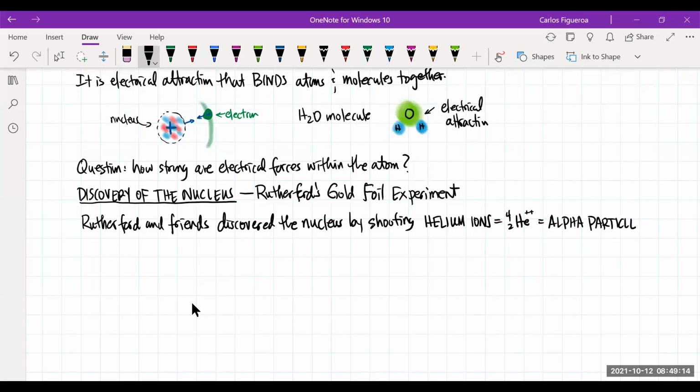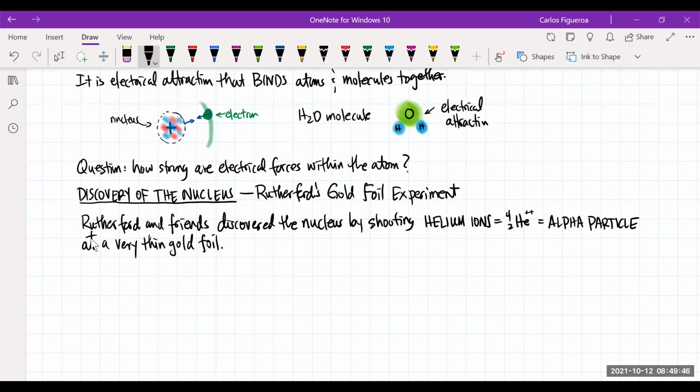Later on, he figured out what it was. But by that time, nobody had ever seen this helium ion in this capacity. So he discovered the nucleus by shooting helium ions, or alpha particles, at a very thin gold foil.